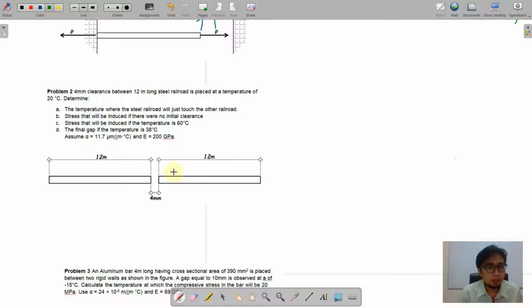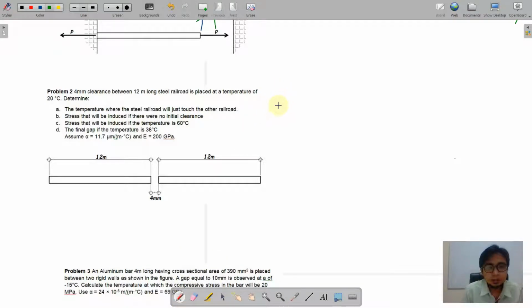Okay, so here it is. The original length is 12 meters, 4 millimeters is the clearance between, and then we are going to determine the temperature where the steel railroad will just touch the other railroad. So the initial temperature is 20 degrees.